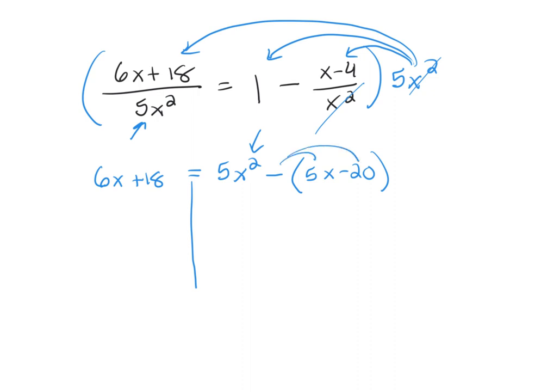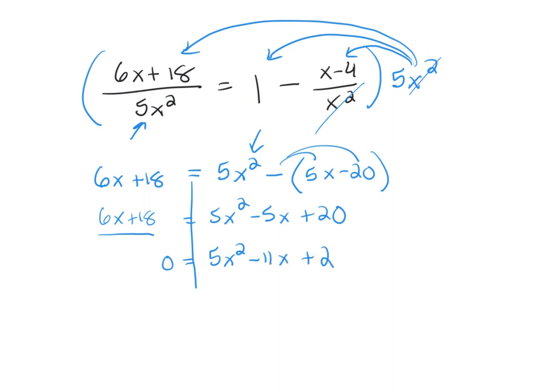Let's simplify this down a little bit. So 6x plus 18 equals 5x squared minus 5x plus 20. And then I'm going to move these terms over. So 5x squared minus 11x plus 2.